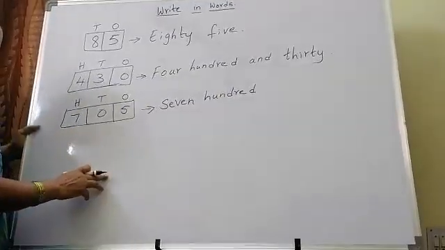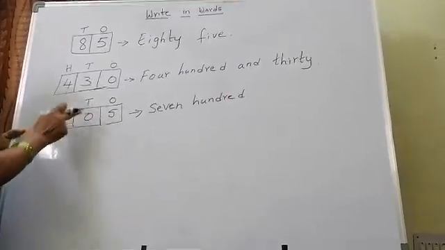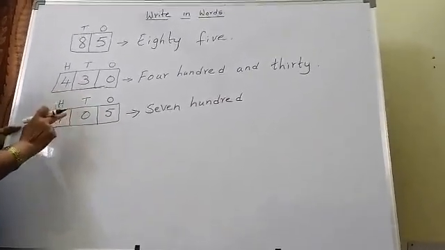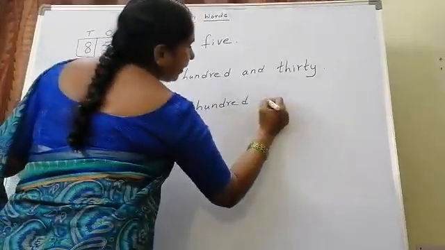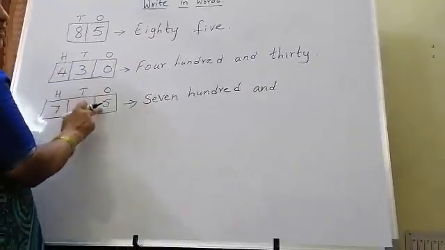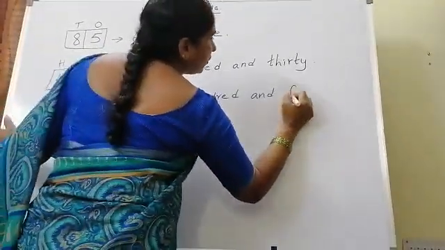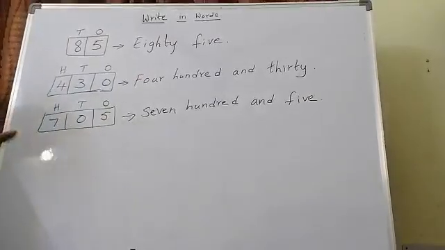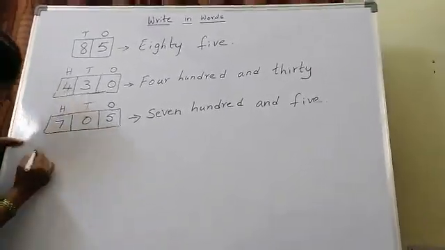After 100 what should you say? And. Here 0 is in tens place, so 0 does not have any value. So A-N-D, and. Which number is in ones place? 5. So F-I-V-E, 5. 705.